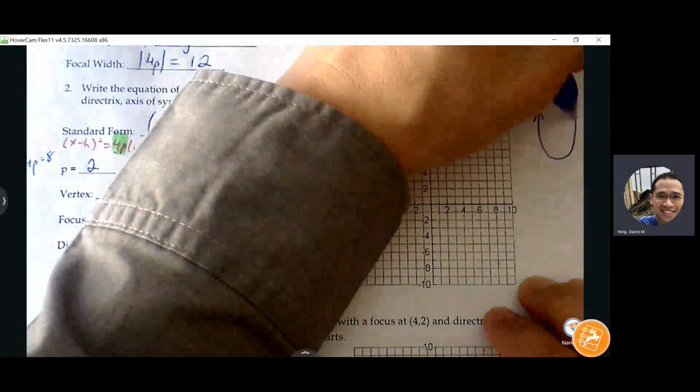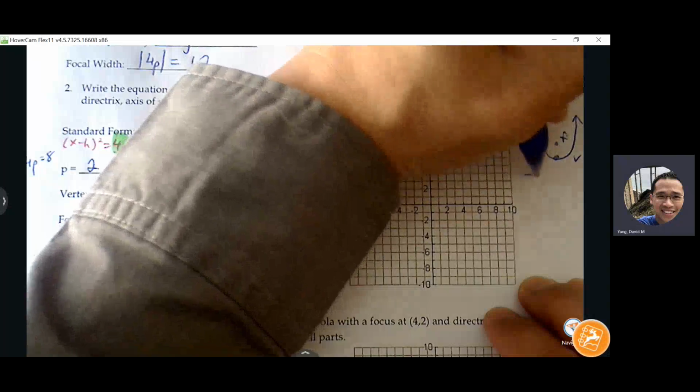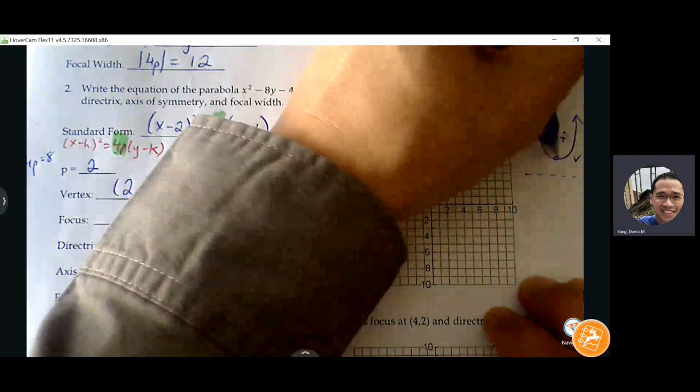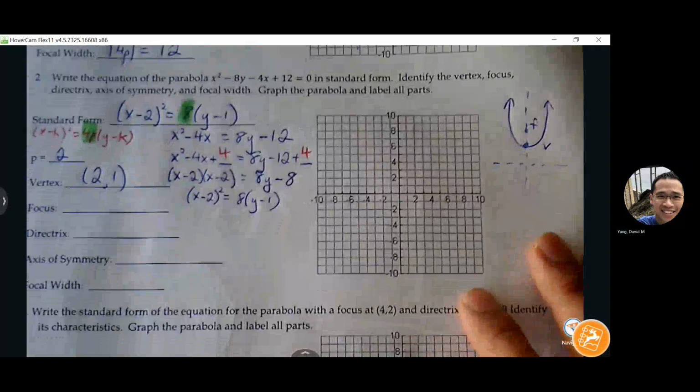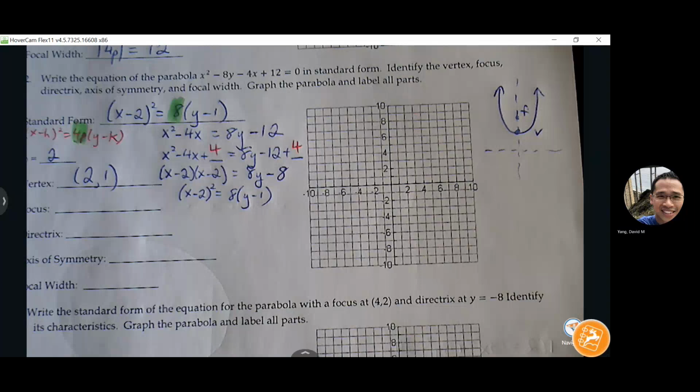You know how your parabola is going to look. Focus on the inside, directrix on the outside, axis of symmetry. So it's good to have a quick sketch so you keep looking at it and have an idea where you expect things to go.